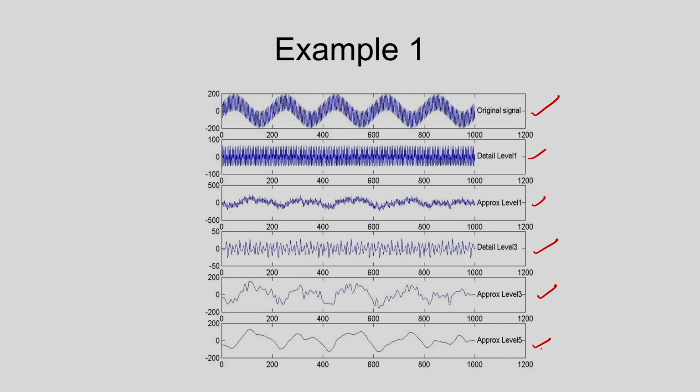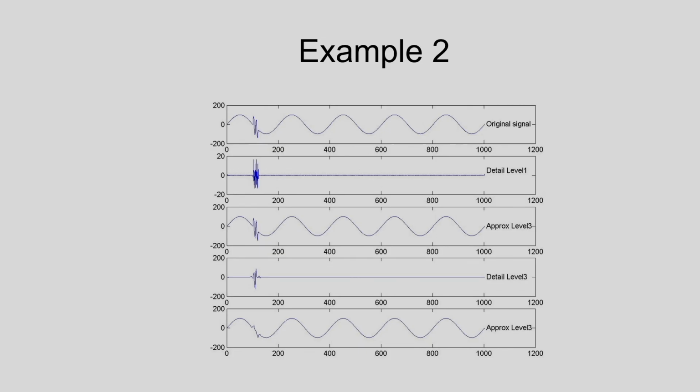Like this we can do multiple level decompositions. Similarly, I am considering another signal here, and corresponding to this you can get the approximate level 3 decomposition, detail level 3 decomposition, approximate level 3 decomposition and detail level 1 decomposition. So like this you can do the decomposition of a particular signal.